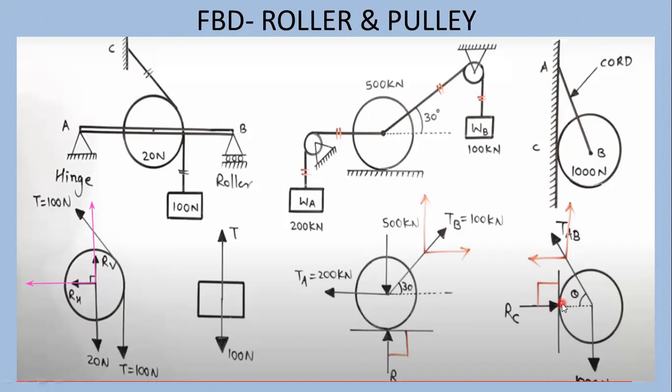Therefore, you have to consider RC, that is the reaction exerted at the point C by the wall on the circular object. Remember this thing: the reaction is exerted by the wall on the object, that is the circular object.